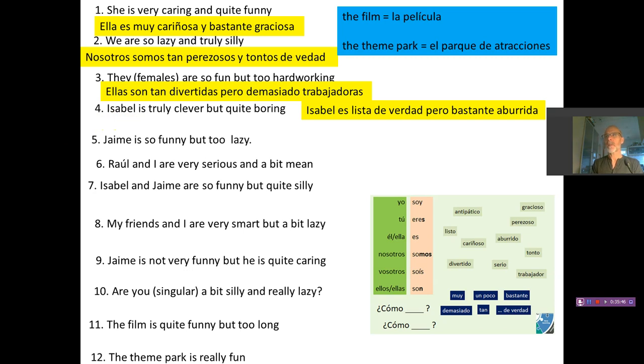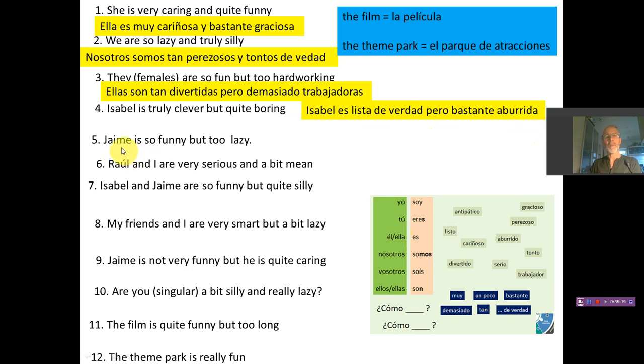Isabel is extremely hardworking. Isabel goes to a top school in Kent. Isabel does this, Isabel does that. We wouldn't say Isabel in every sentence, would we? We would just start saying she, wouldn't we? And so we want the ella. We would want the ella form, which is S. She is S. Okay? So, Isabel es lista de verdad, pero bastante aburrida.